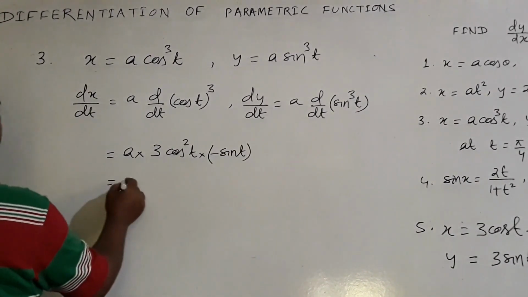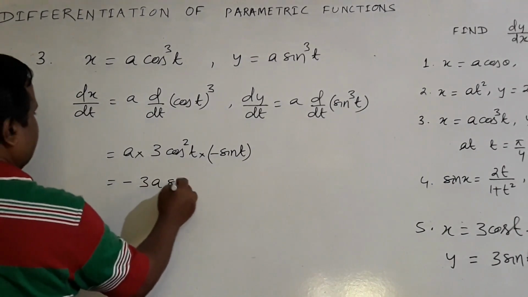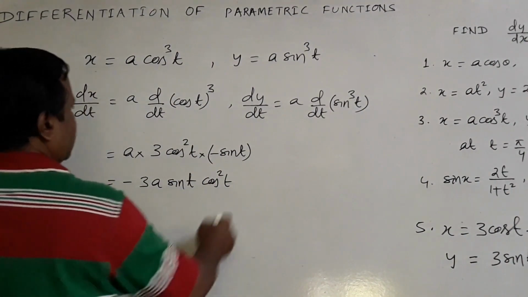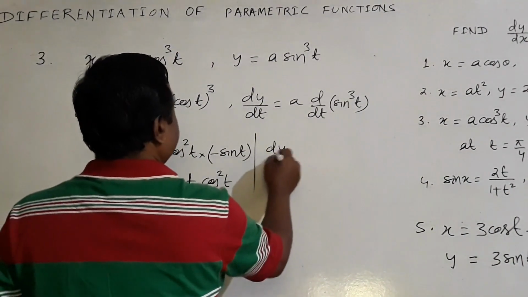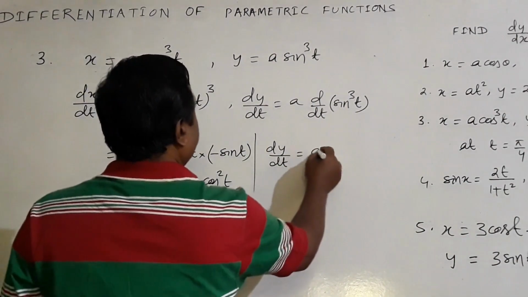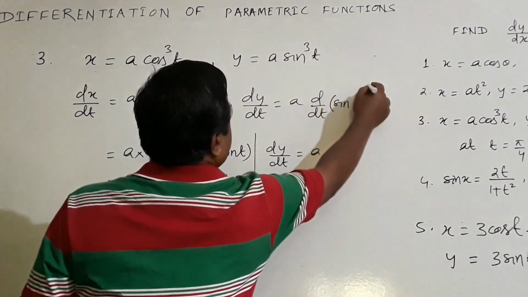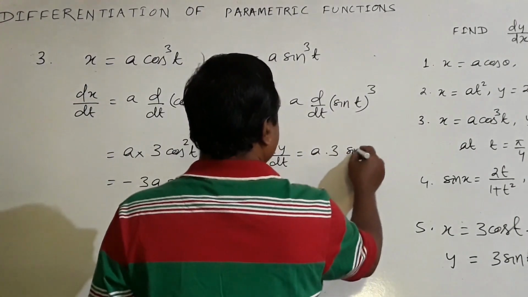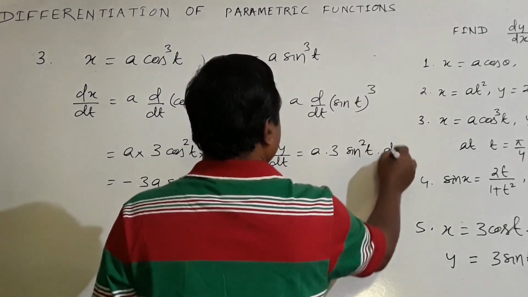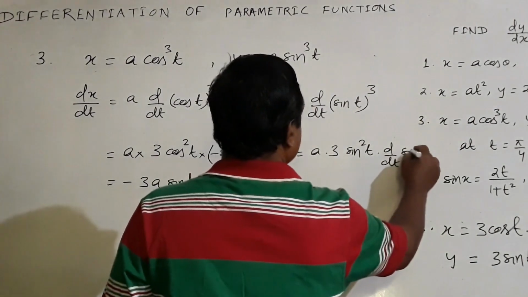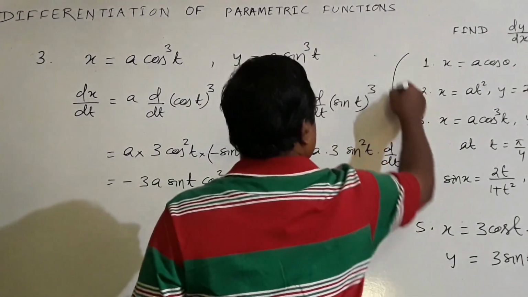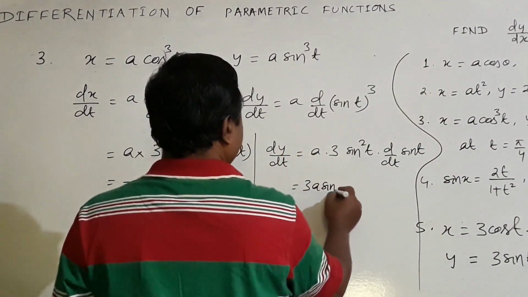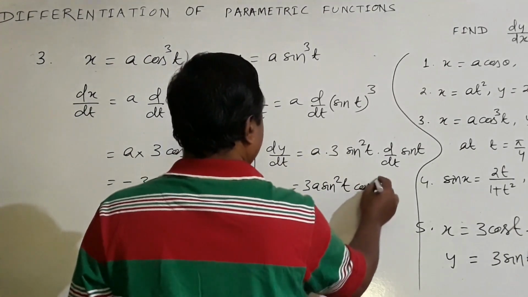And it becomes minus 3a sin t cos square t. And dy by dt is equal to a sin t whole cube, which means 3 sin square t into d by dt of sin t. It becomes 3a sin square t into cos t.